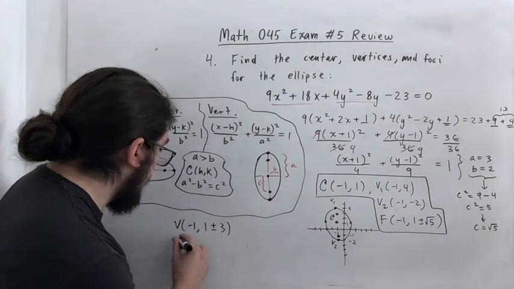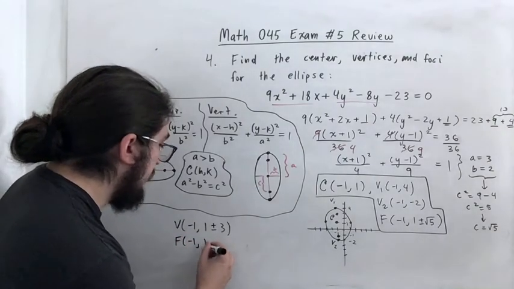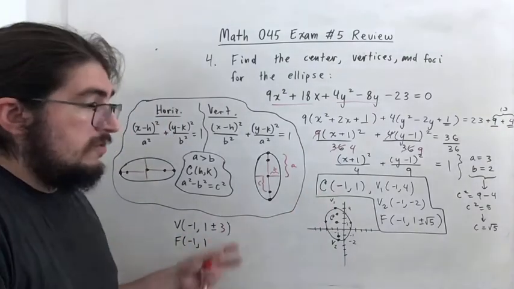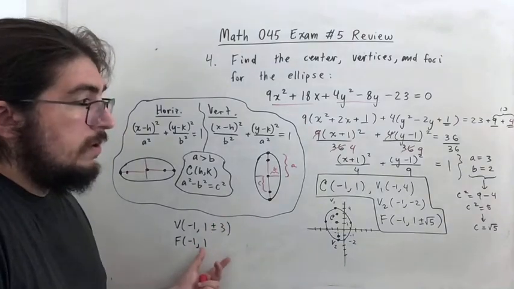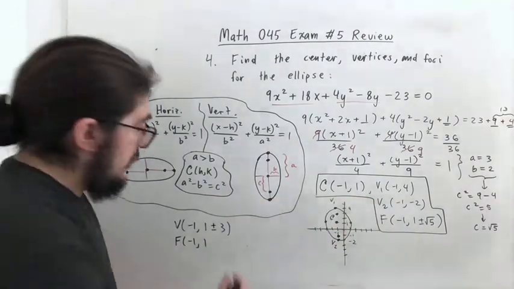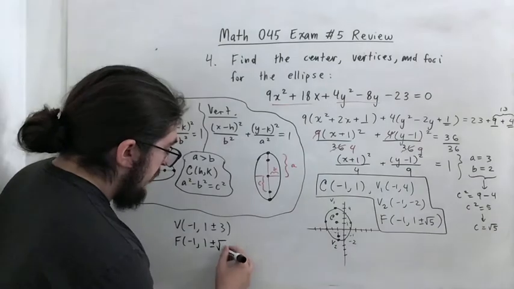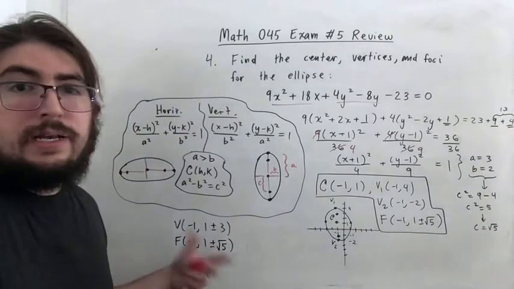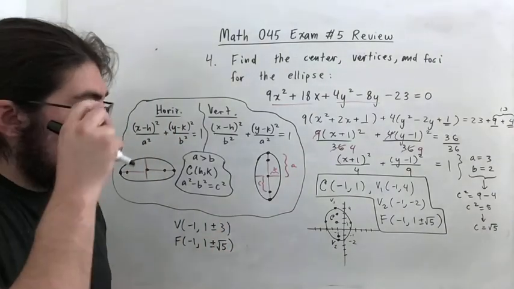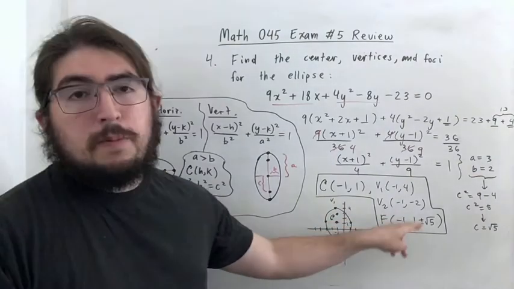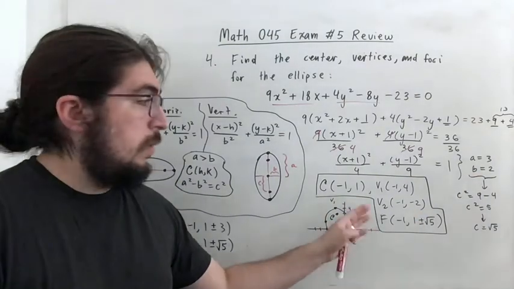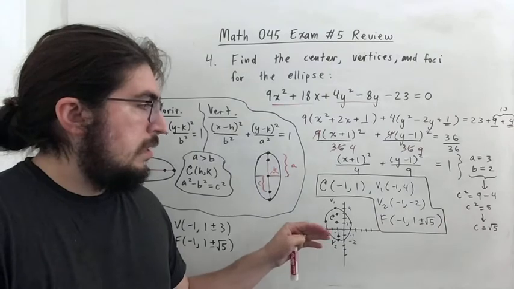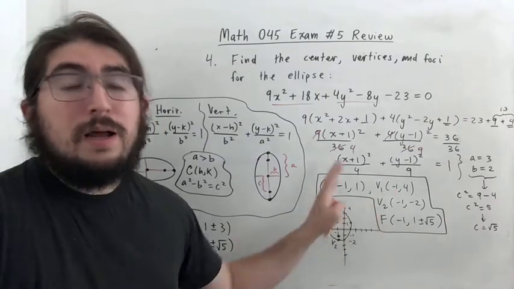But for the focus, notice if we just look at the center, negative 1, comma 1, and again, it's vertical, so change the vertical component, y, by adding or subtracting c. And you get this. This I'm okay with leaving because you can't combine those. Otherwise, you would write negative 1, comma 1 plus radical 5, and negative 1, comma 1 minus radical 5.